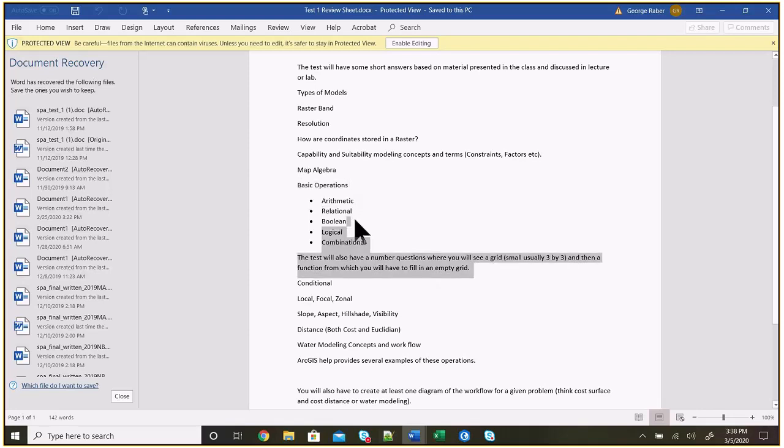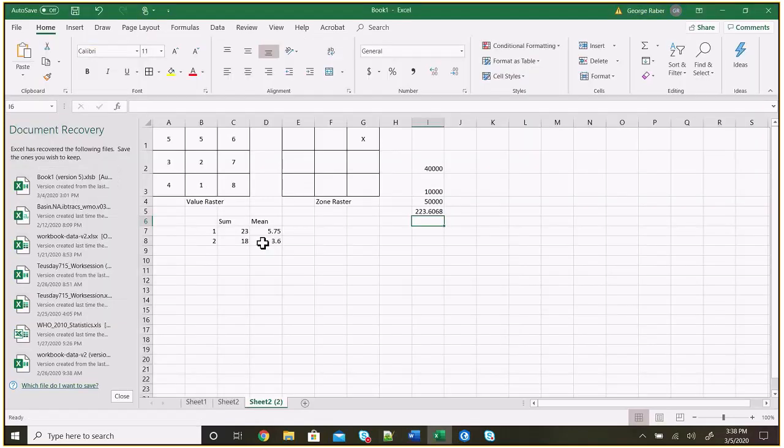Now we kind of breezed through this in the lecture, and there's not actually a whole lot of questions on these, but go back and look at the Boolean and logical. Like if I had a question where I said, instead of saying are they equal, I've said not 5.